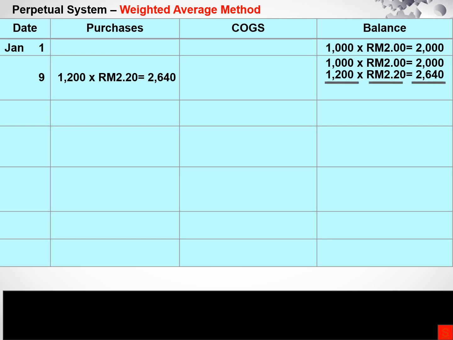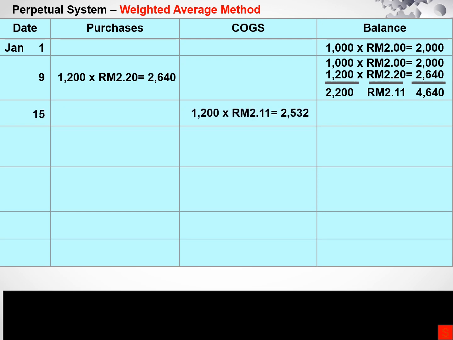So the total units is 2,200 and the total cost is 4,640. After that, calculate the cost per unit. The cost per unit equals to cost divided by unit. That is 4,640 divided by 2,200. So you can get 2 ringgit and 11 cents. That is the cost per unit.